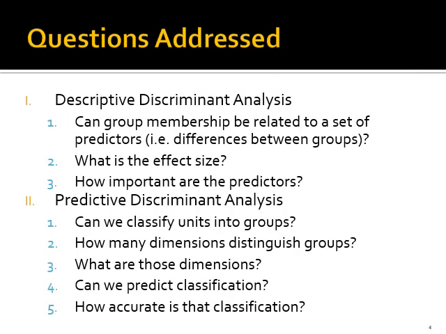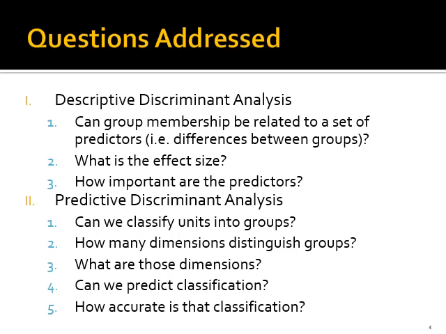So the questions addressed by discriminant function analysis: can group membership be related to a set of predictors, i.e., are there differences between the categorical groups? And can our predictors, our IVs, predict that DV? If so, what is the effect size? So how much variance is being predicted? How much can we trust that prediction? And how important is each predictor within the factor?